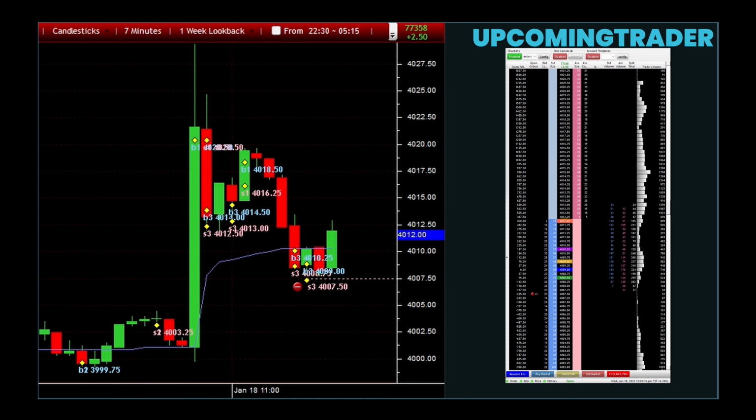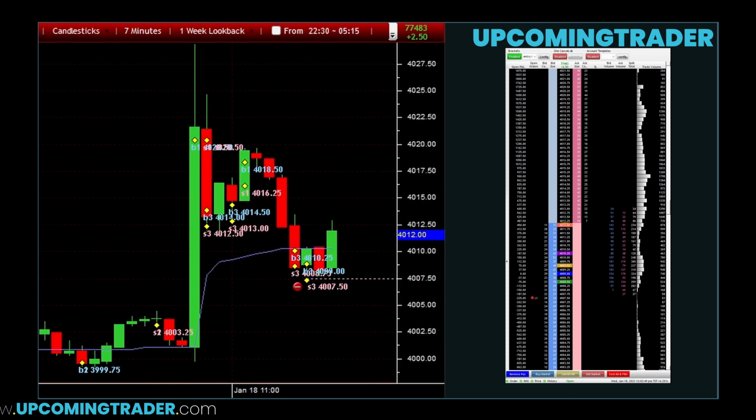Like the flag, it shows a period of consolidation, but instead of a rectangular shape, it has converging trend lines. This pattern also signals that the price will likely continue in the direction of the prior strong move. Flags and pennants are both short-term patterns, and they usually indicate that the momentum will resume after the brief consolidation.